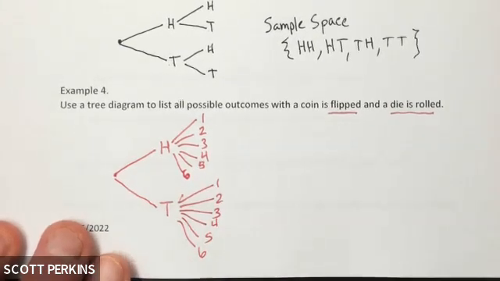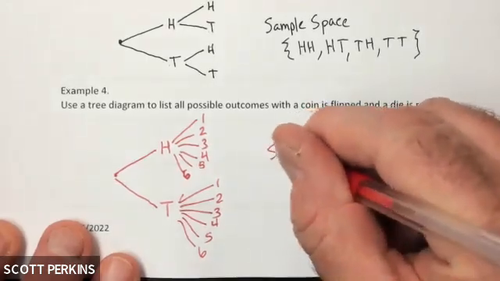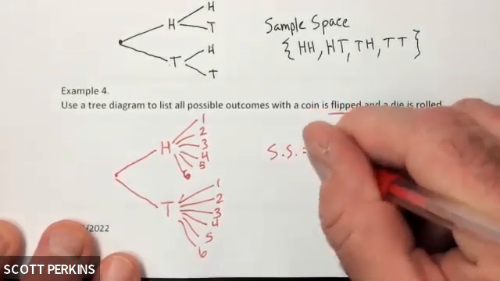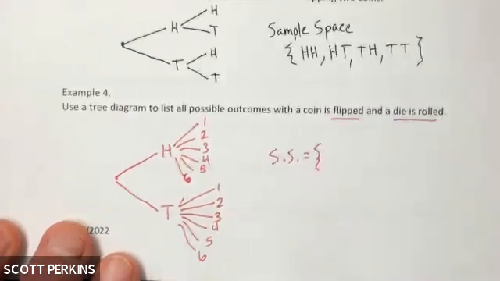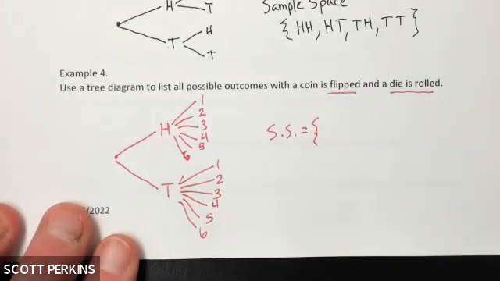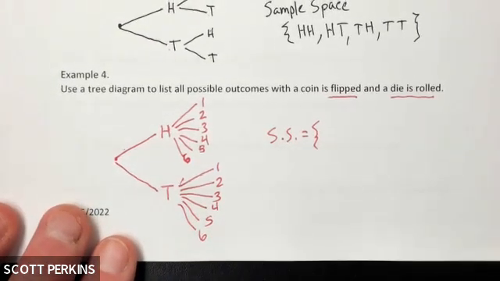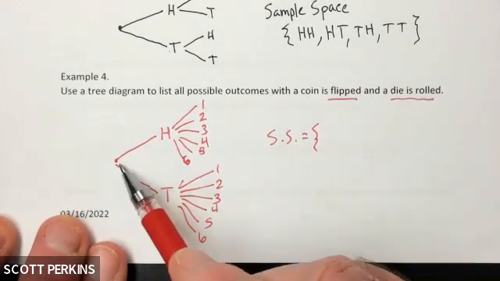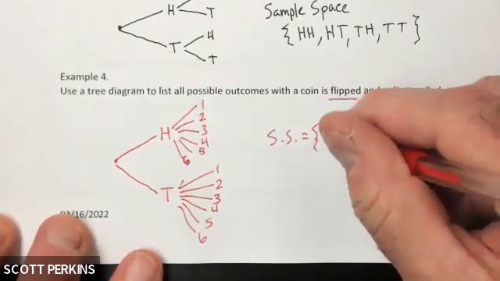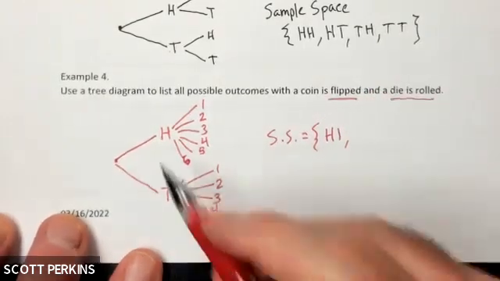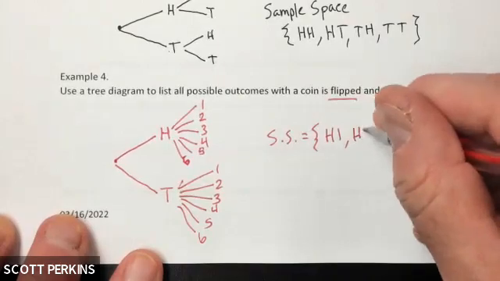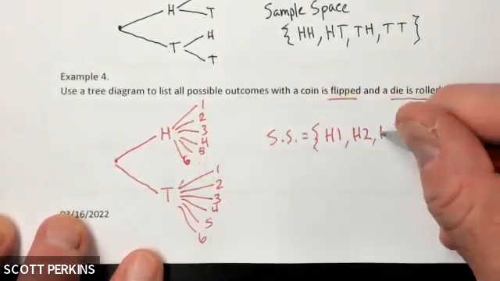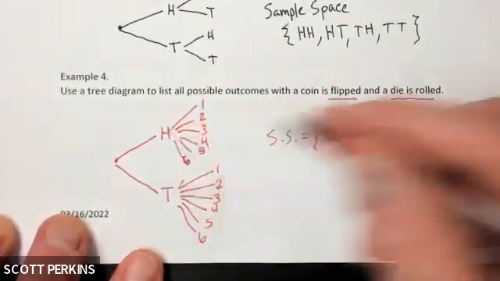So then the second thing is we're going to list out the sample space. I'm just going to abbreviate SS for that, sample space. And so here goes. Again, no particular reason, I'm just going to start with the top branch. And so I've got heads and 1. That's the first outcome. Then heads and 2. That's the second outcome. Heads and 3. These are all the possible things that could happen. Heads and 4.